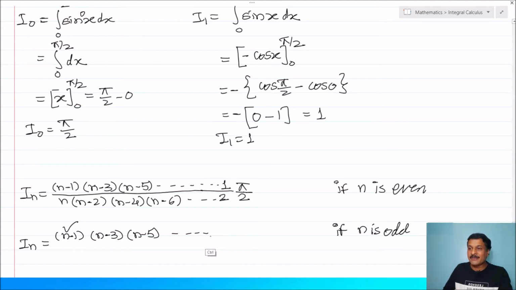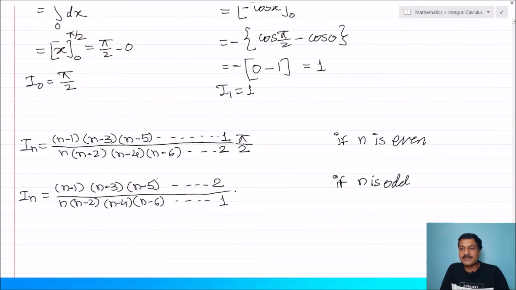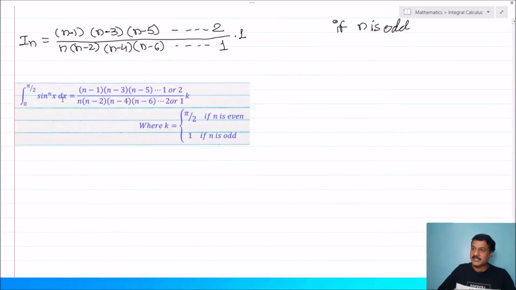So finally I will get here 2 upon n, (n minus 2), (n minus 4), (n minus 6) dot dot dot. Here I will get 1 into I1, and the I1 value is 1. So the same result I can write as this one.